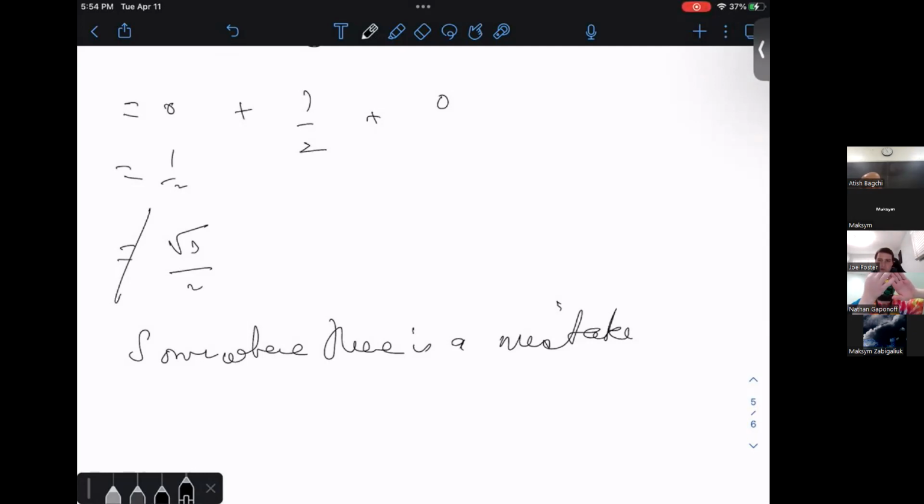I must have made some mistake. The area of the triangle is square root of 3 over 2? No one remembers, of course. Okay. So if the area of the triangle is square root of 3 over 2, let me just work this out.